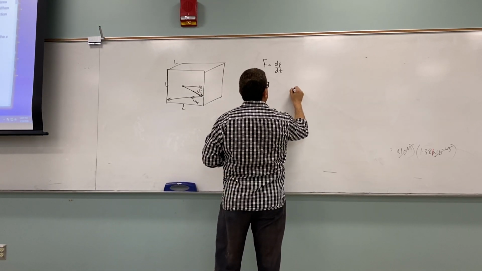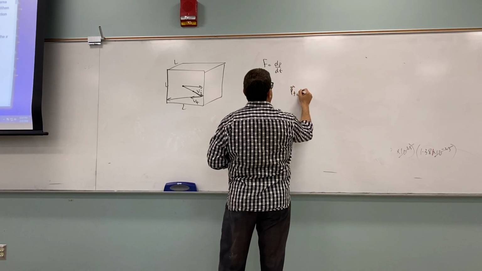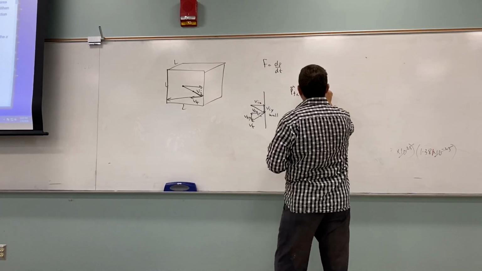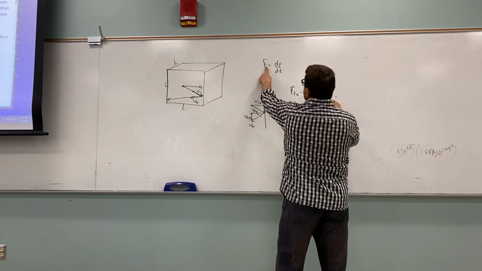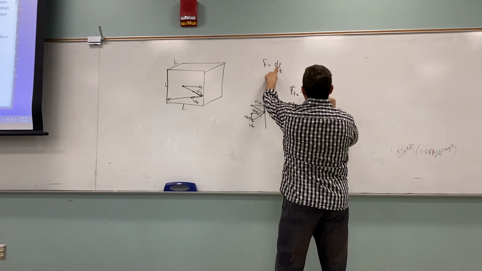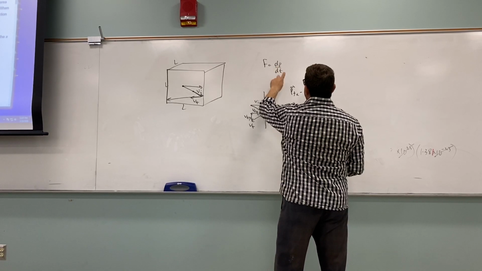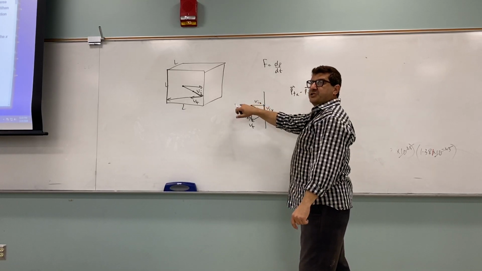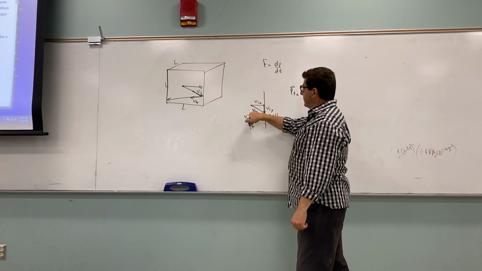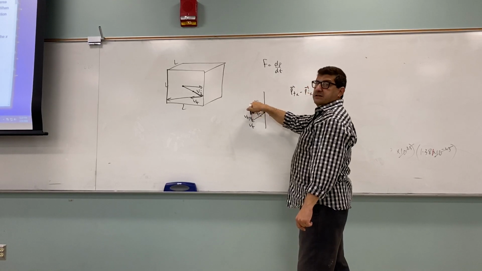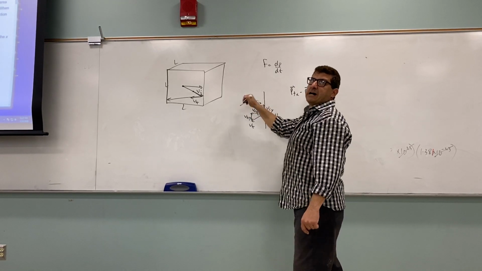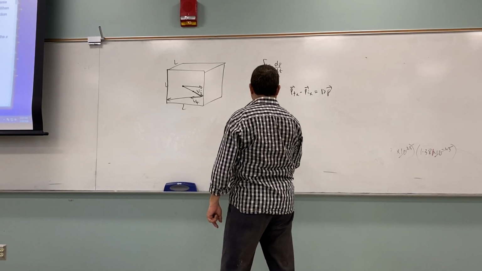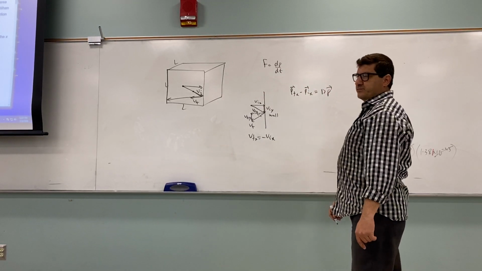So we say momentum final in the x minus momentum initial in the x gives you the change in momentum, delta P. You see? So then, if it's a perfectly elastic collision, what's going to happen? This final velocity in the x is going to be the same as the initial velocity in the x, but in the opposite direction. So V final x is going to be negative V initial x, right?